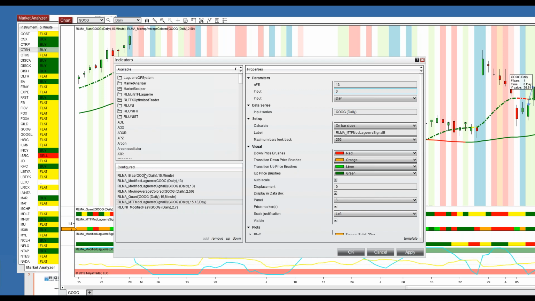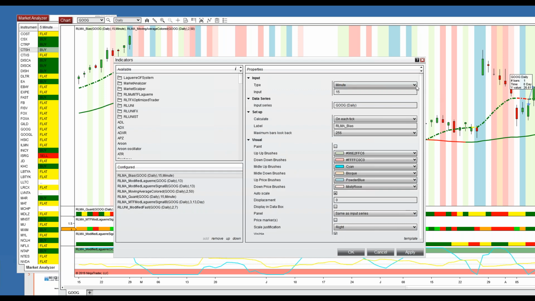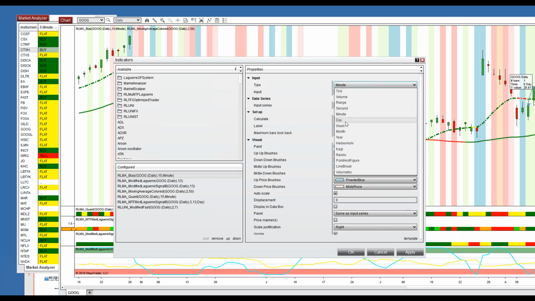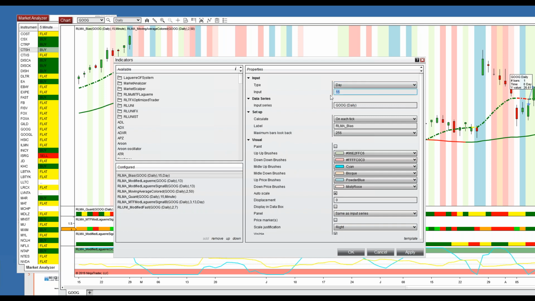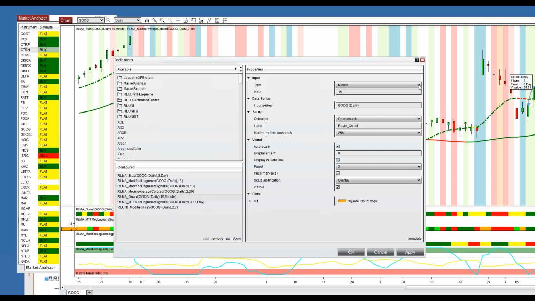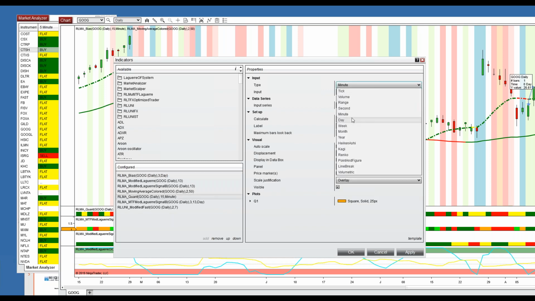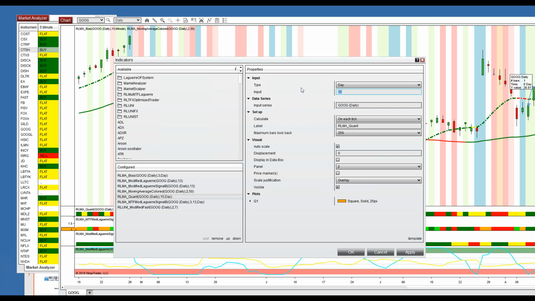Background bias has got to go from minutes to days. This is all in the video, and you're going to go to 3. And then we're going to hit OK. I think I got the quant. Nope. Order flow has to go to days and 3. Now we're good to go.